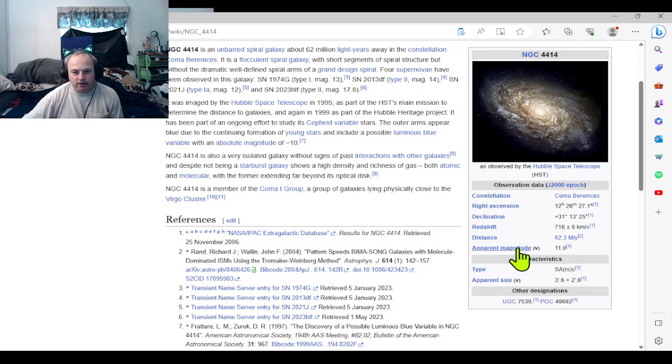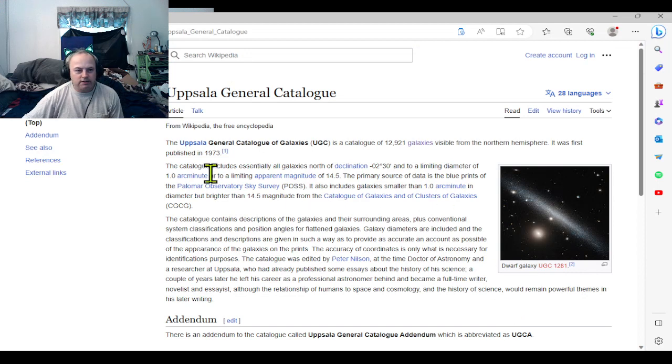That is very, very big. So here's a galaxy. This one's a dwarf. It's from a catalog of 12,000 galaxies visible from the northern hemisphere. It was published in 1973.